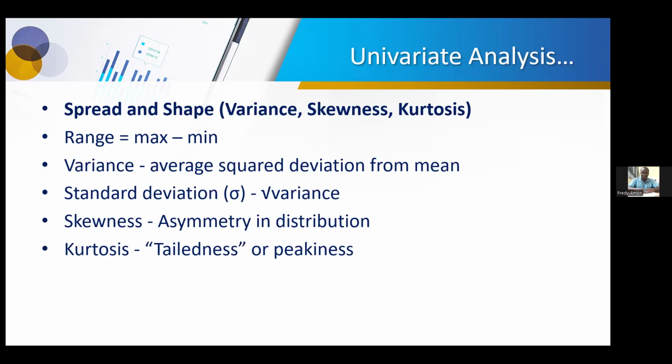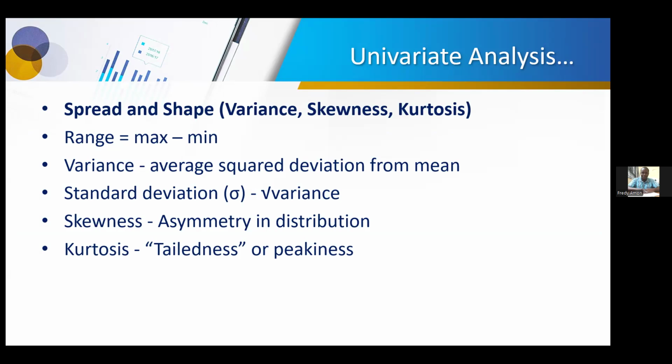Again, you can check the spread and shape: variance, skewness, and kurtosis. If you need to check the range, you can just take the maximum minus the minimum. If you need the variance, you can check the average squared deviation from the mean, standard deviation, skewness, all of which you'll be able to get from that single column you'll be exploring.